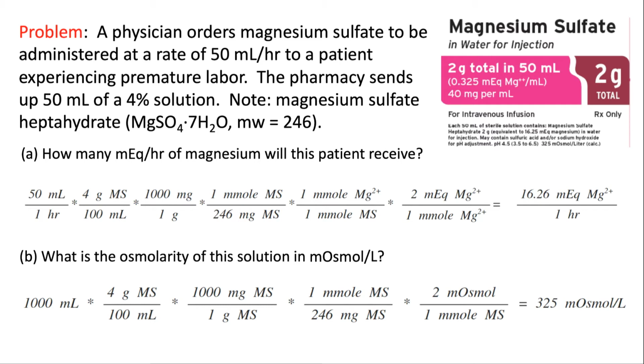So, once again, that confirms our answer for letter A, since that's the number of milliequivalents per 50 milliliters, and that's what we calculated. And then going on further, the last sentence includes that it would have an osmolarity of 325 milliosmoles per liter. So we were able to essentially calculate the same information that's included on the package labeling.